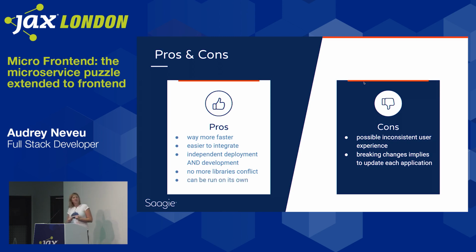Plus, and I'm pretty sure you understood that it was a big problem, so it's a big plus, this solution can be completely run on its own. You don't have to have the entire stack on your laptop to test it. What we were doing is simply having some mocked Express server, a very simple Express server which was mocking API call answers.